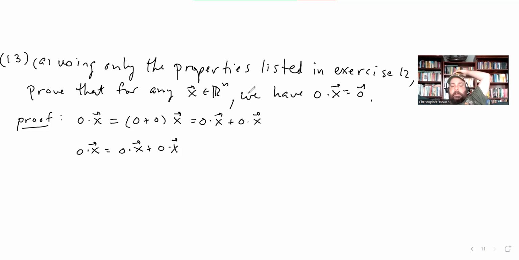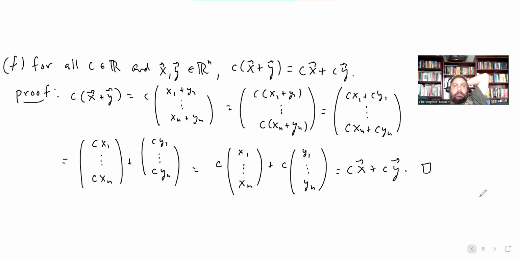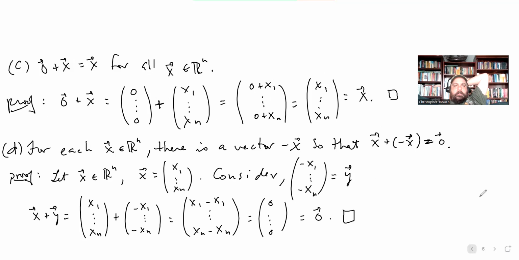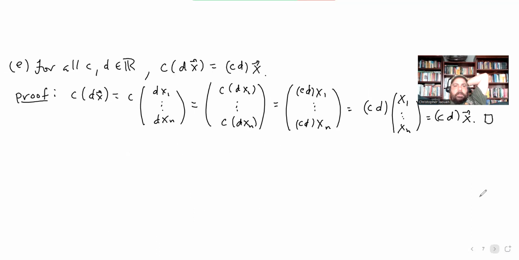And we know that additive inverses exist by, what rule was that? This is the associative law, identity.